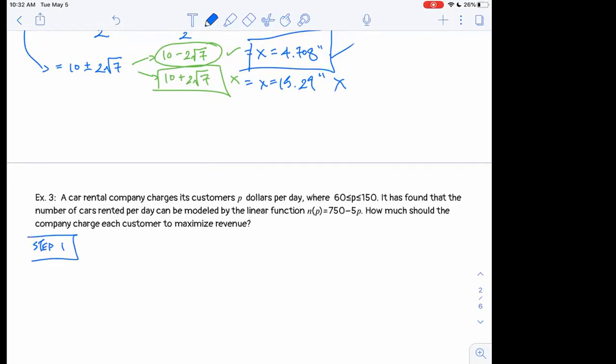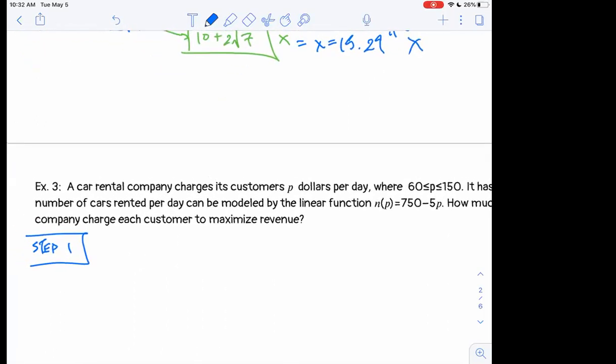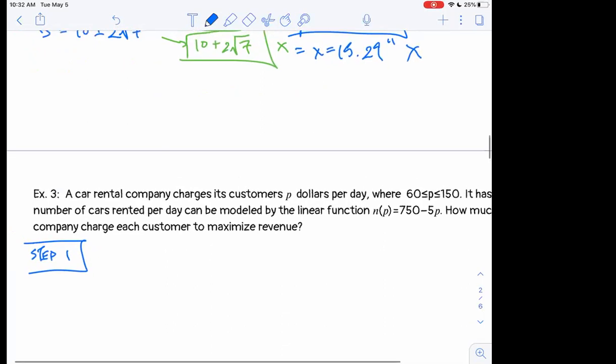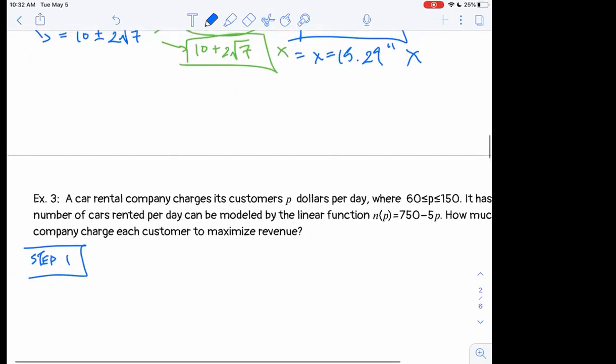All right, so let's start off with step 1. Now we're not gonna draw a diagram for this one because you don't need to; drawing a car won't help you answer the problem. But we'll use step 1 to talk about a little bit of background. So this word revenue is effectively looking at your income.